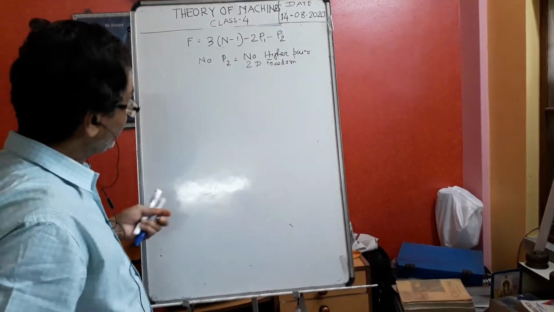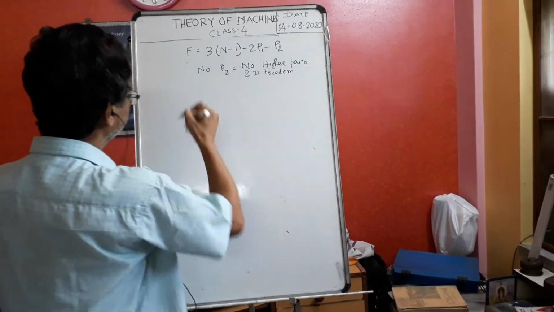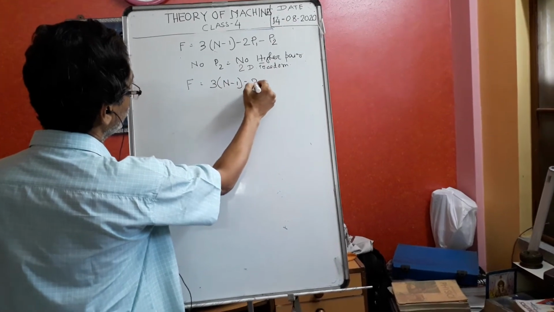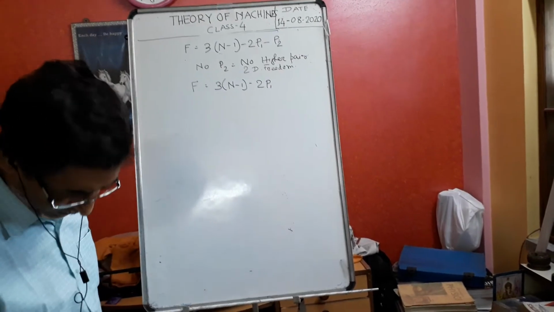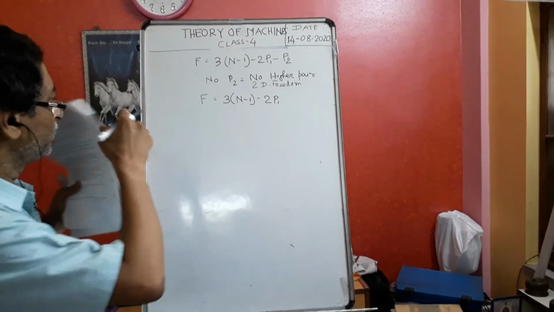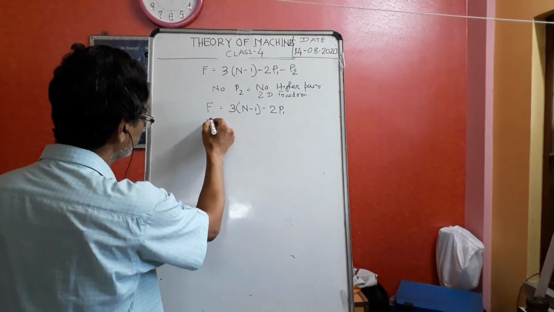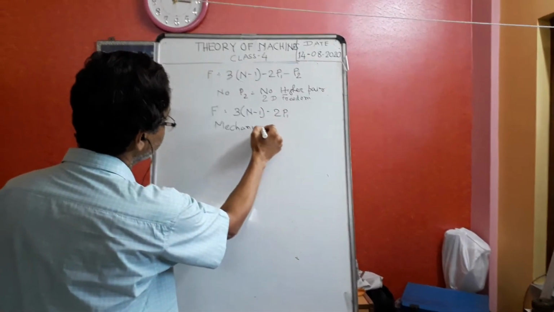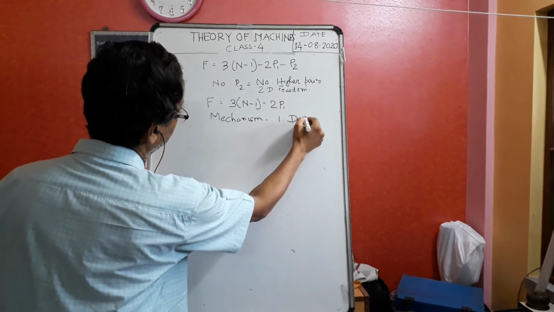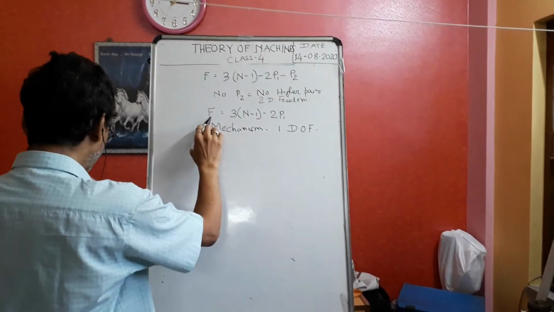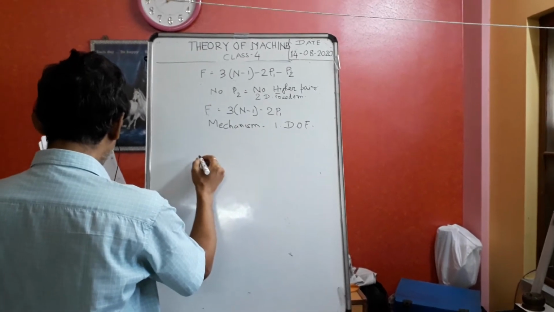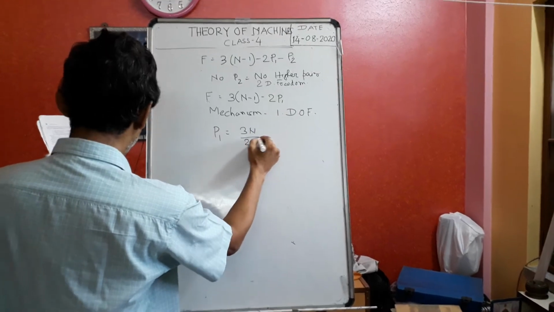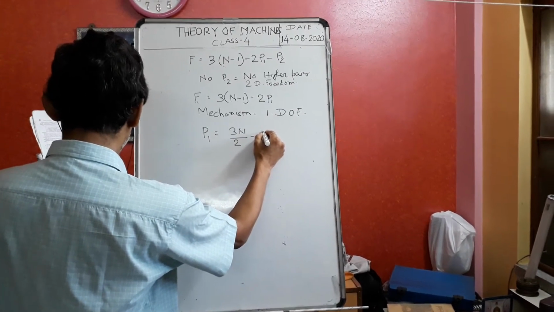Now if there is no higher pair, then the degree of freedom equation will convert to 3(n minus 1) minus 2p1. In the last class also we discussed that if a mechanism has 1 degree of freedom, F will become 1, and finally I came to one relation: p1 is equal to 3n by 2 minus 2.